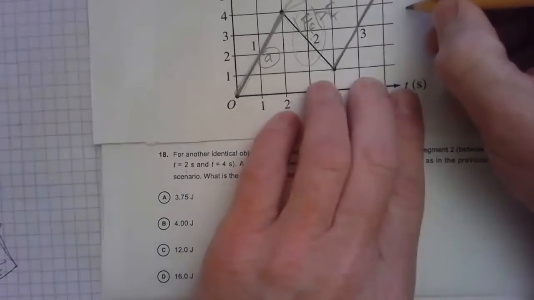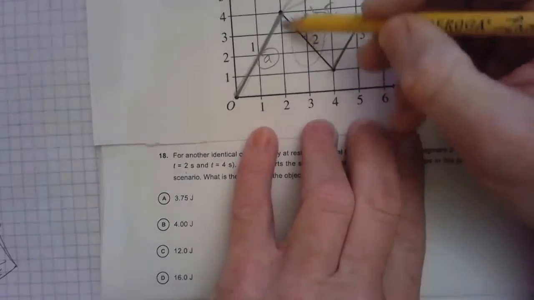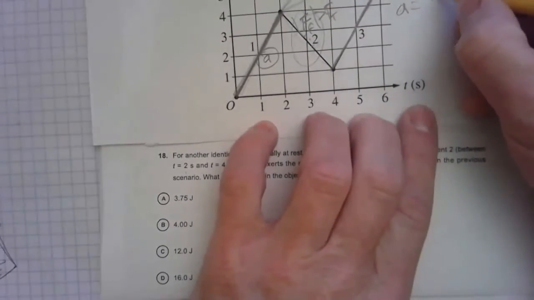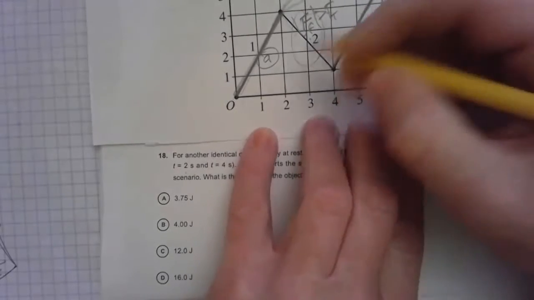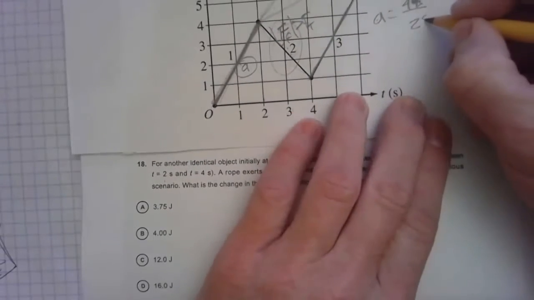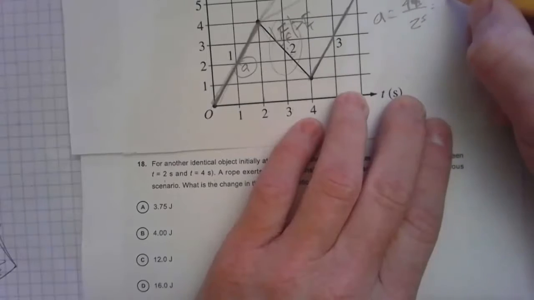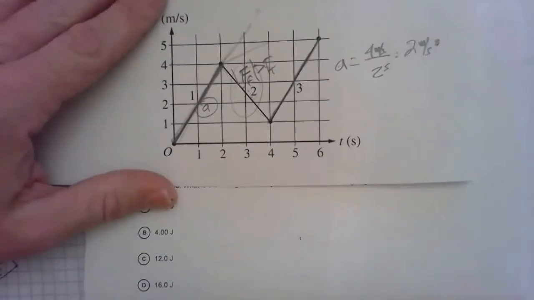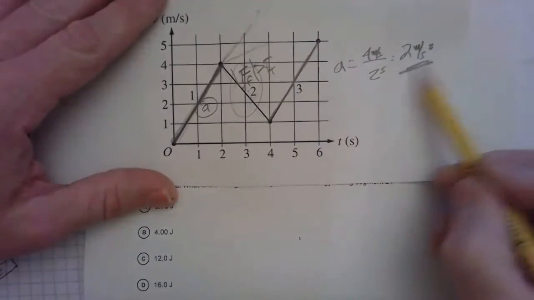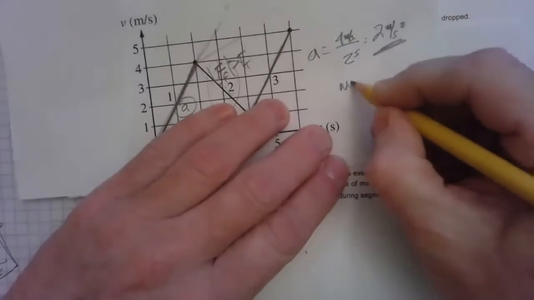That tension force, let's see, acceleration is going to be 4 meters per second increase in velocity in 2 seconds. So that means the acceleration is 2 meters per second squared. So I know the acceleration. I know the mass. They give me the mass is 0.5 kilograms.